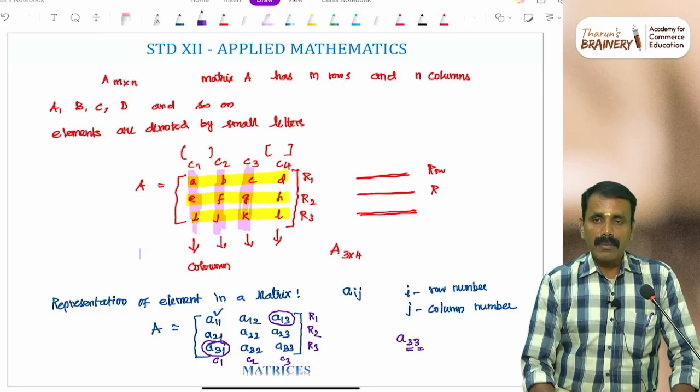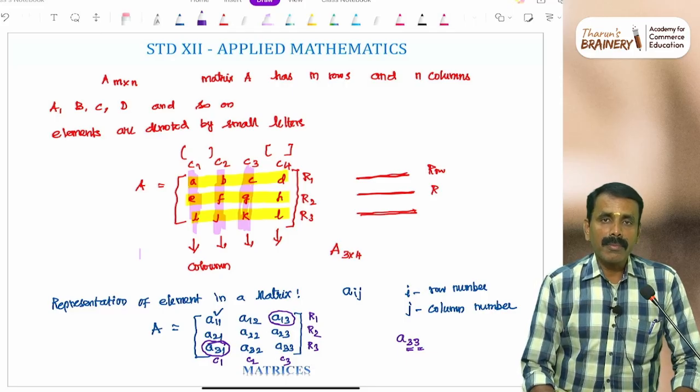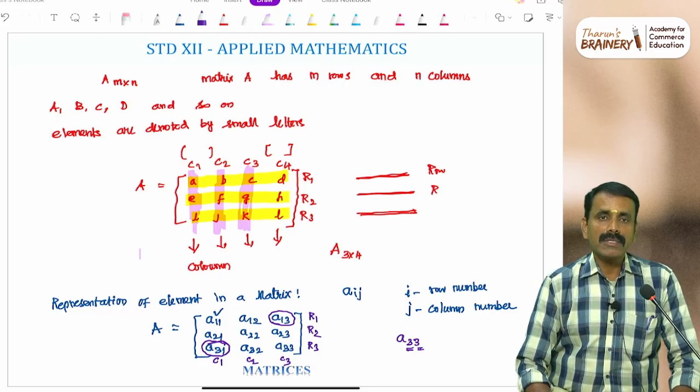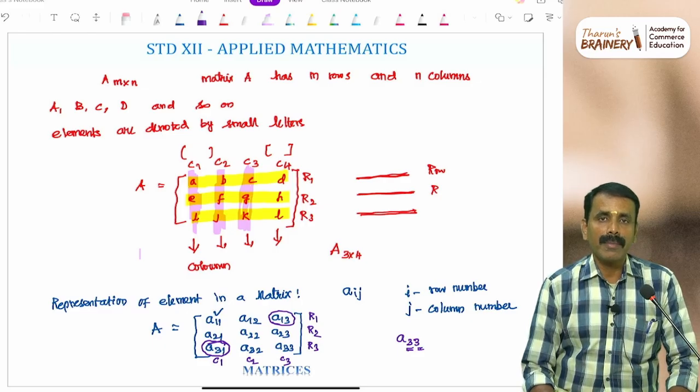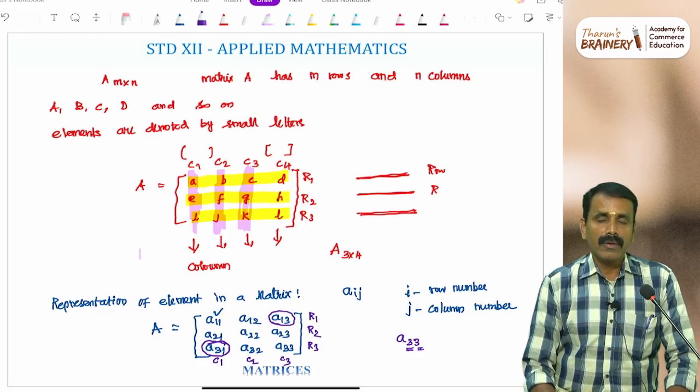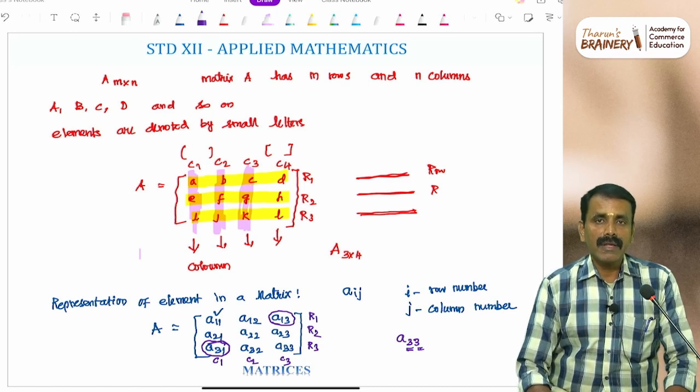So, basically, to study matrices, we must know what a row is, what a column is, and what the order of a matrix is. A row is a horizontal arrangement, a column is a vertical arrangement of the elements, and the order is the number of rows and the number of columns present in the matrix.